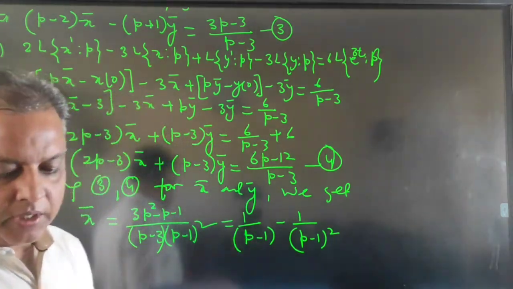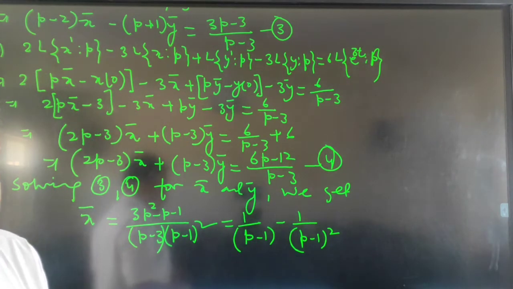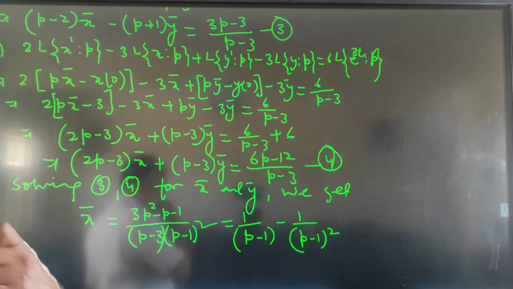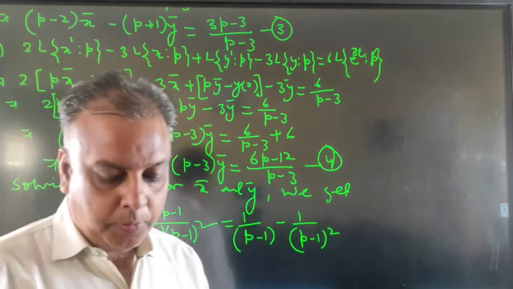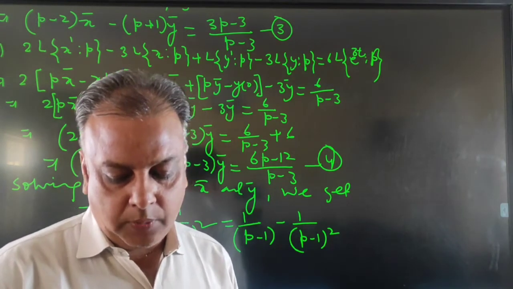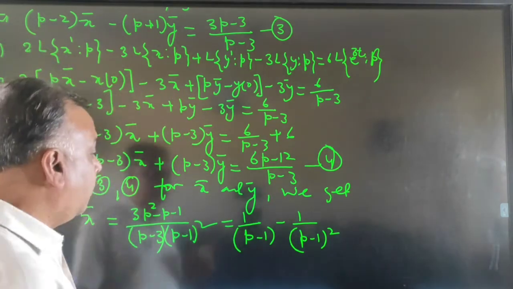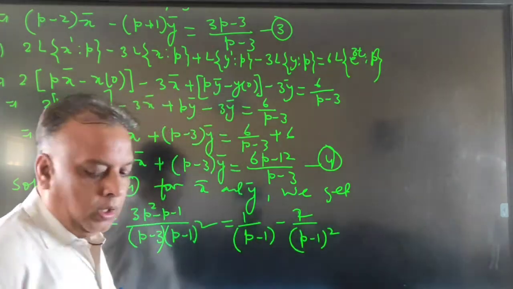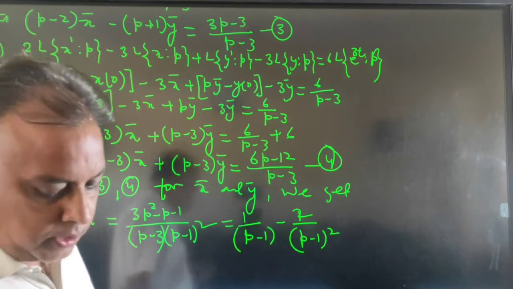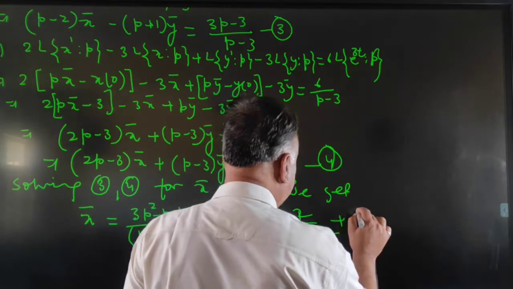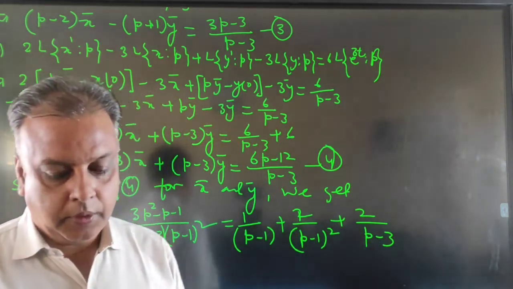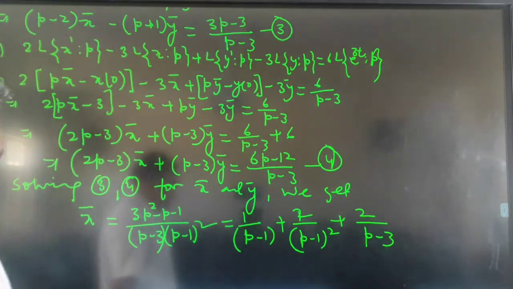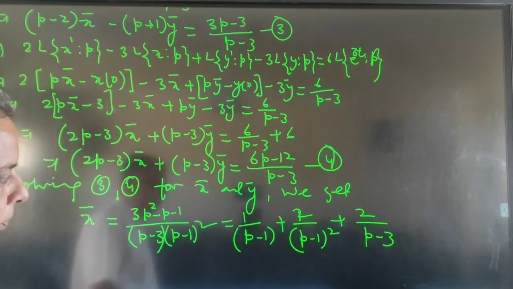If we make the partial fractions of this one, then we get x bar is equal to 1 upon p minus 1 plus 2 upon p minus 1 whole square plus 2 upon p minus 3.